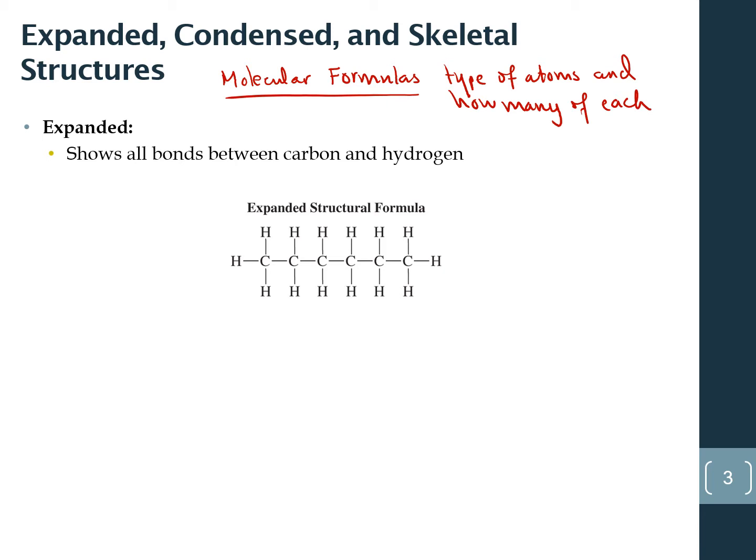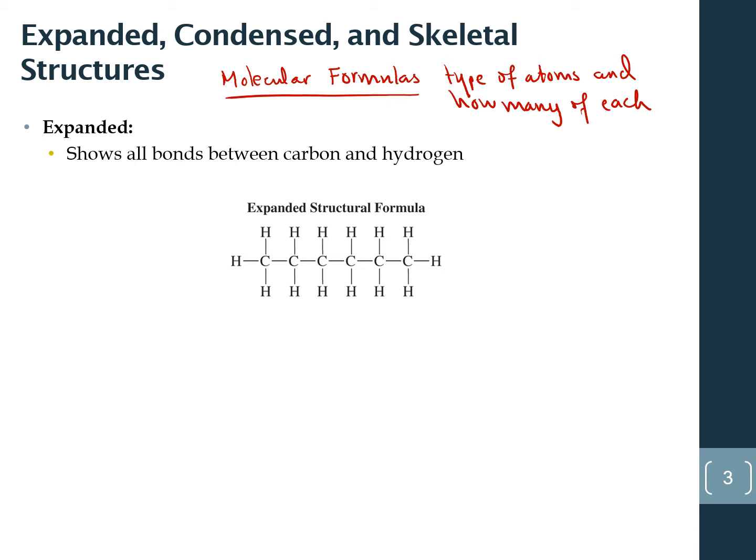So when we have a molecular formula, that one is just showing you the types of atoms that you have in a compound, and you will have subscripts telling you how many of each type of atom in the compound.